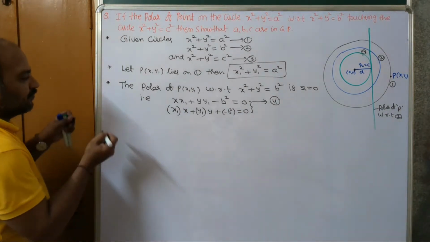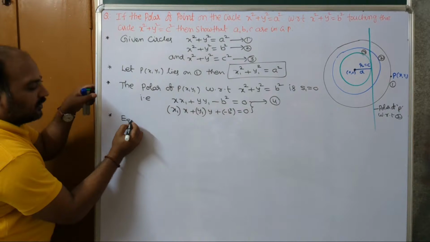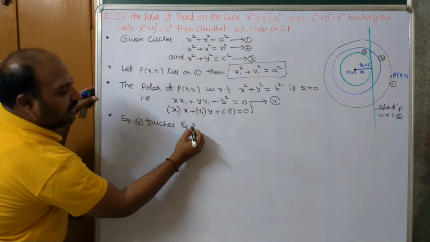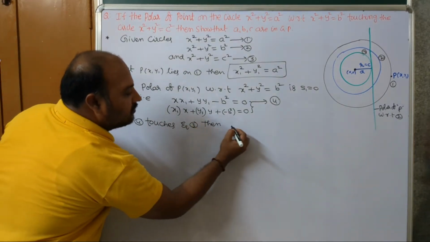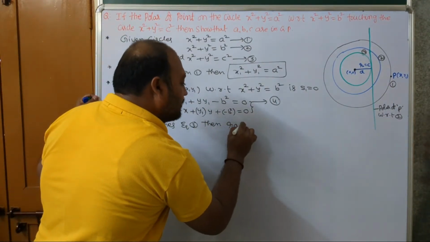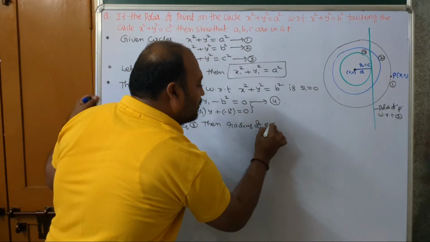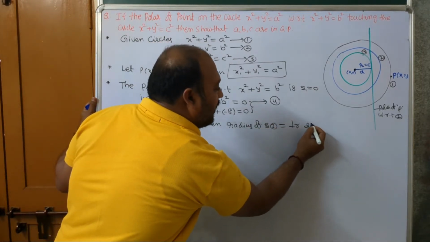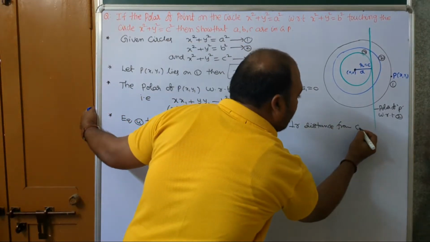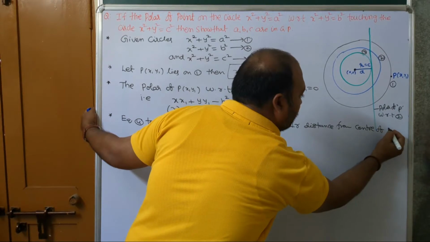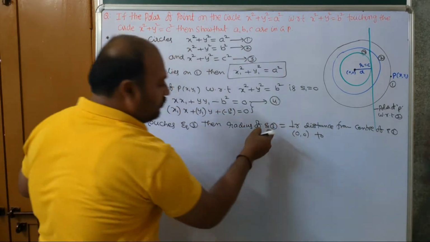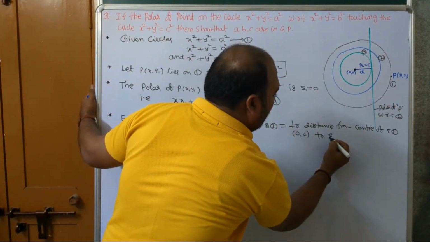Since equation 4 touches equation 3, the radius of equation 3 is equal to the perpendicular distance from the center of equation 3, that is 0, 0, to equation 4.